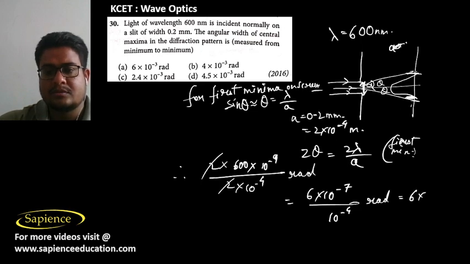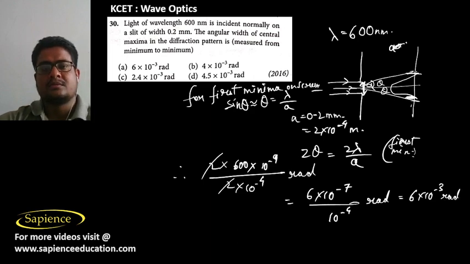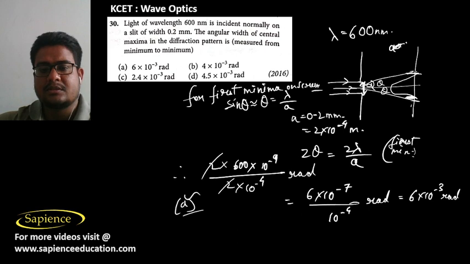So this will be 6 into 10 power minus 3 radian. Option A is the correct answer.